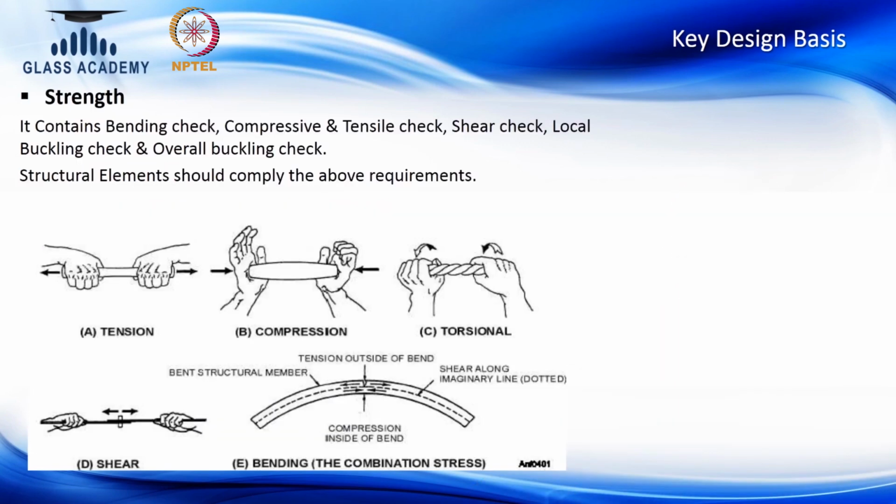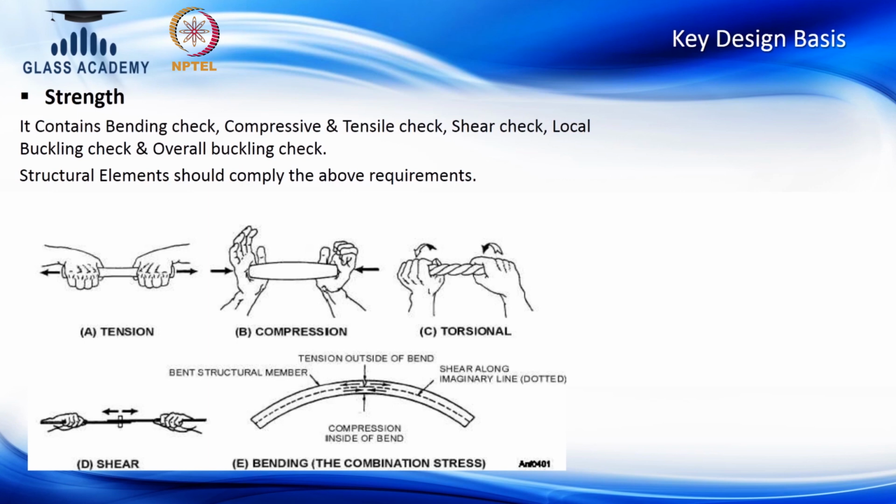We are going to explain more on strength aspects of the facade or glazing design. This is primarily applicable for supporting framing elements of facade structures. A framing element is, in most cases, either steel frames or aluminum frames.